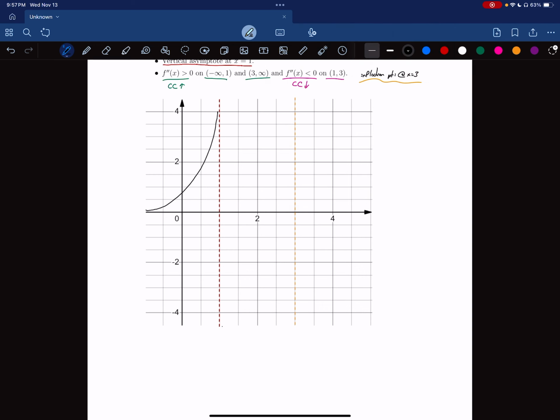Since this is an asymptote, and we know we'll be increasing away from it, and will be concave down, I'm going to draw something that looks like that. We know at this point it's an inflection point, so the concavity changes, but we're still going to be increasing.